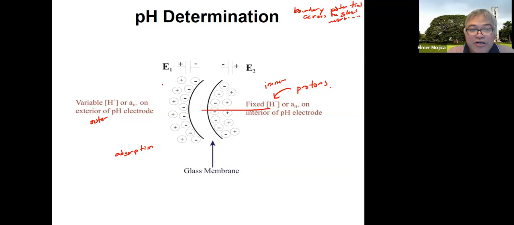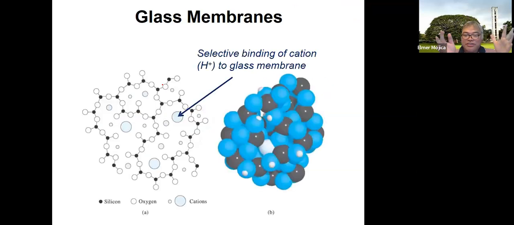Now, we also have to take into consideration the structure of the glass membrane. As I mentioned, there are some H plus that we could say absorb on the glass surface. Why do you think there is a selective binding of the H plus to the glass membrane? If you look at this, glass is made up of what?